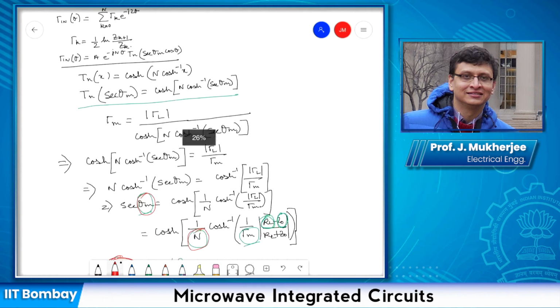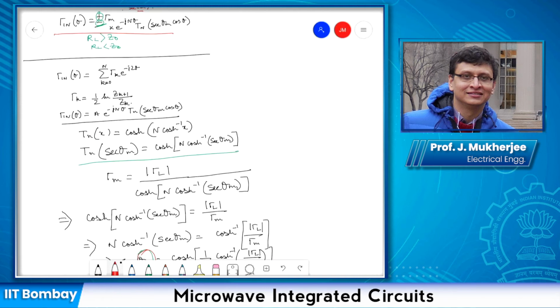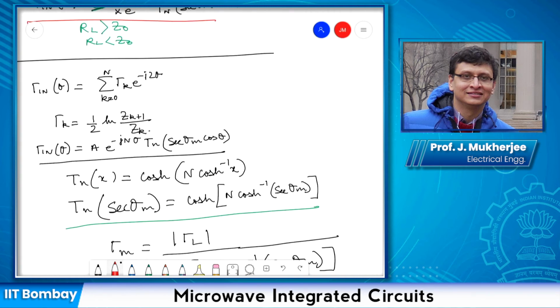So let us go back to these equations. We have these equations. Now let us show this by an example. Let's say n equal to 3, and say n equal to 4.